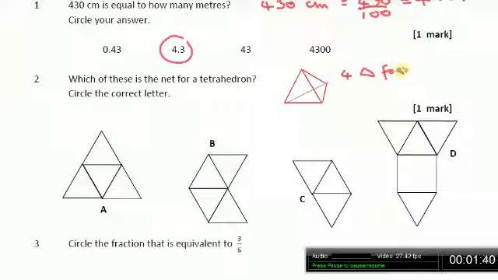Each face is an equilateral triangle, and if you look at any vertex, any corner or point, well, first of all, we have 3 faces at each vertex.